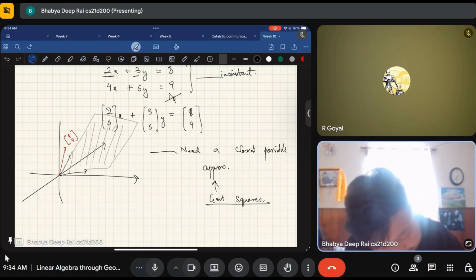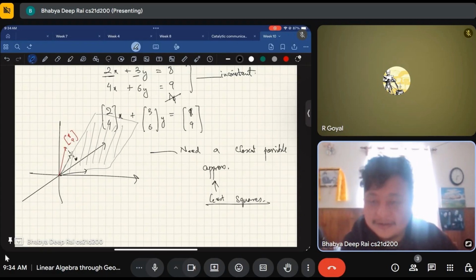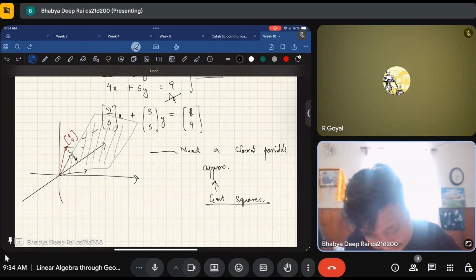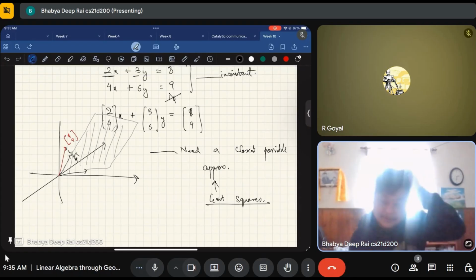Well, what it actually calculates is the projection of 8 9 onto the plane spanned by 2 4 and 3 6. This distance is minimum across all the vectors on the plane, right? And this is perpendicular, and that is all that least square actually does.